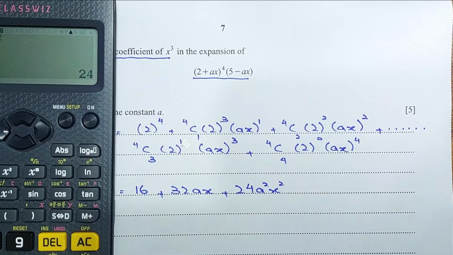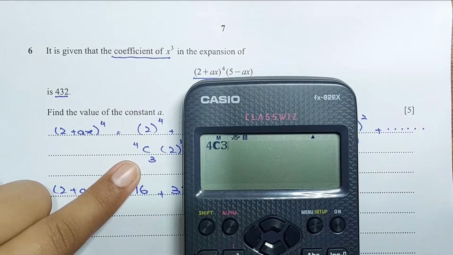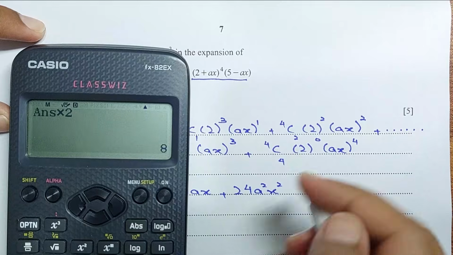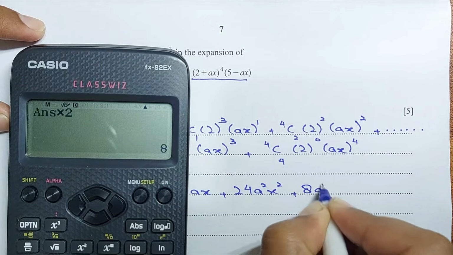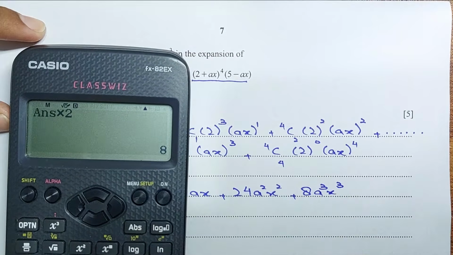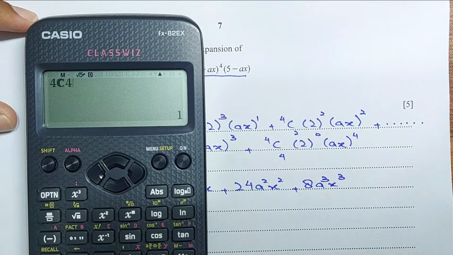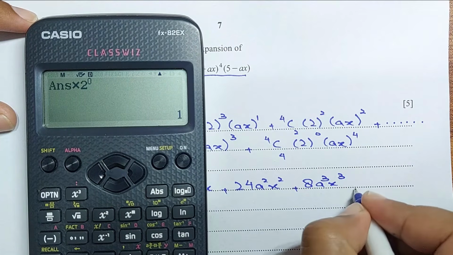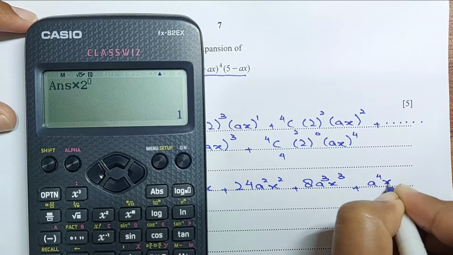The third term is 4C3 times 2, which is 8 a cube x cube. And 4C4 is 1 times 2 to the power of 0, which is 1. So this is just a to the 4 x to the 4.